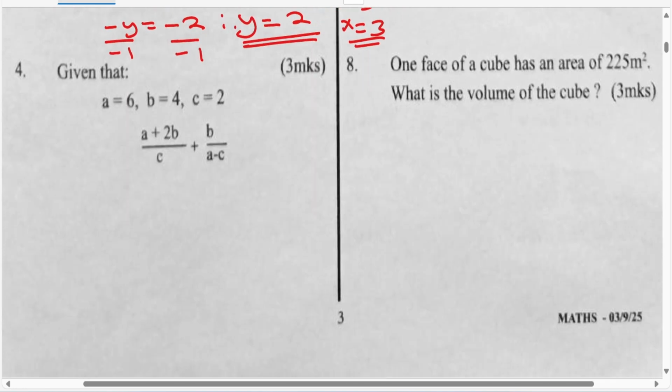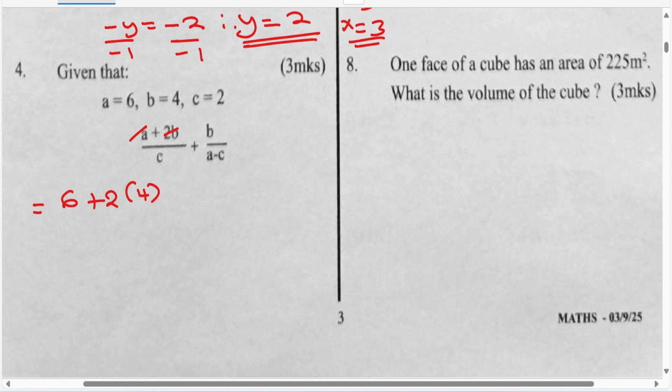Given that a equal to 6, b equal to 4, and c equal to 2. So find a plus 2b over c plus b over a minus c. So a wajua ni 6, so tuanze kuandika 6, shamaliza. 2b ni 2 times b, which is 2 times 4, shamaliza.